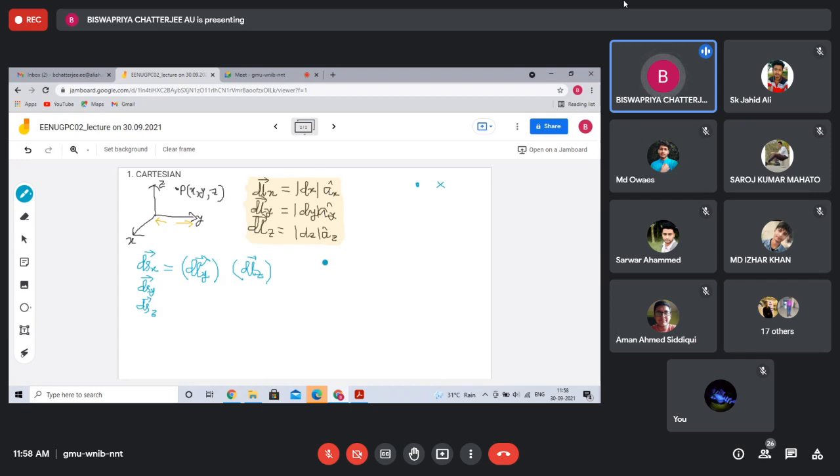Any other answer? One friend of yours said it is a cross product, but he has not justified his answer, so I treat that answer as wrong.